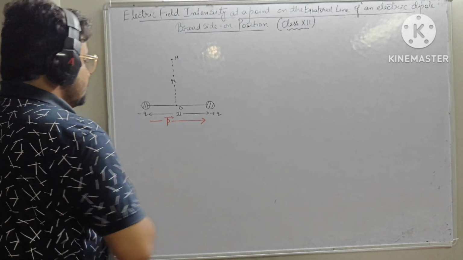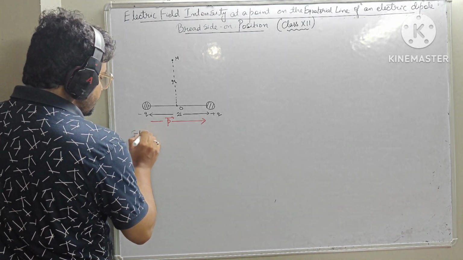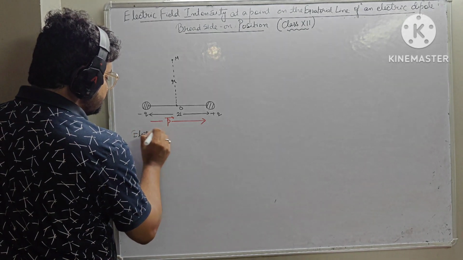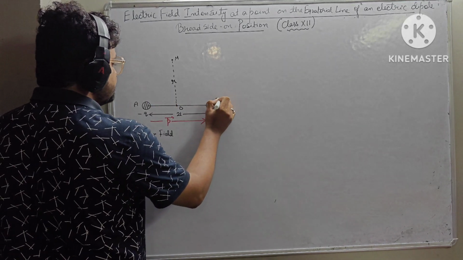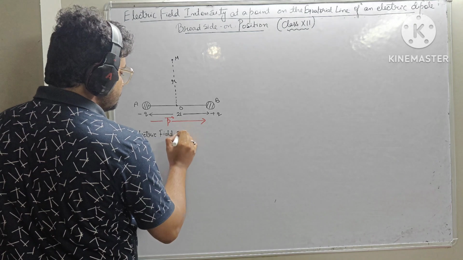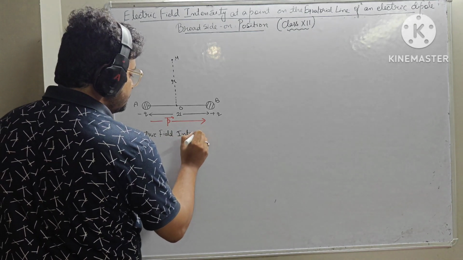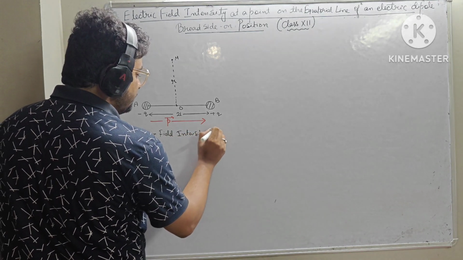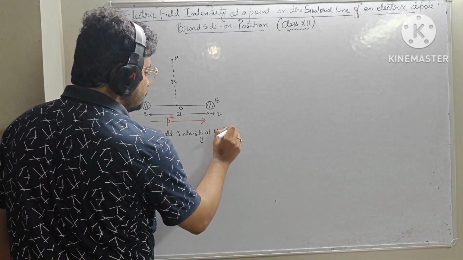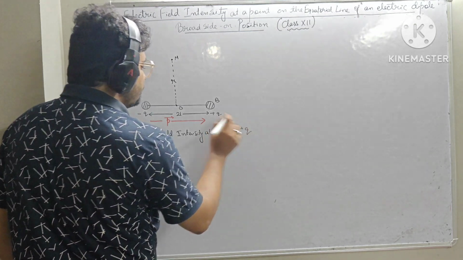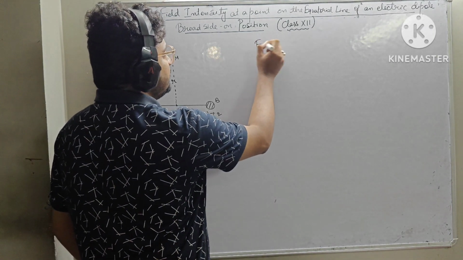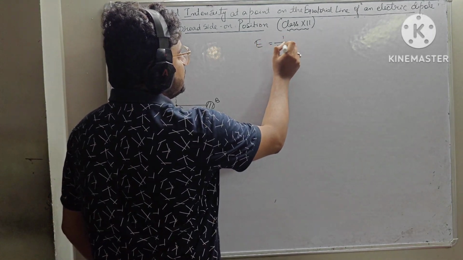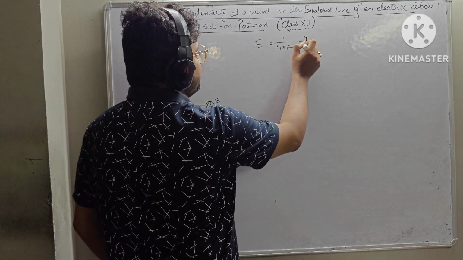First, the electric field intensity. This is suppose A, this is suppose B. Electric field intensity at M due to plus q. So first I am taking plus q. Remember the formula for electric field intensity was 1 by 4 pi epsilon naught q divided by r square.